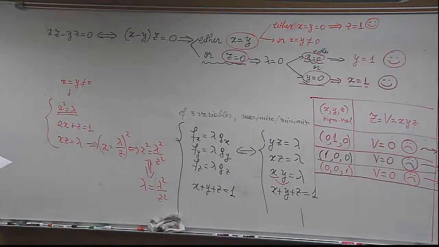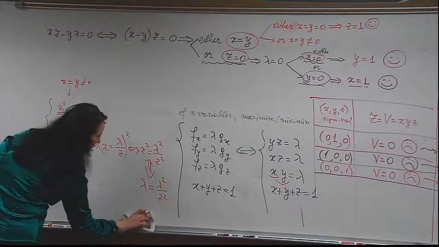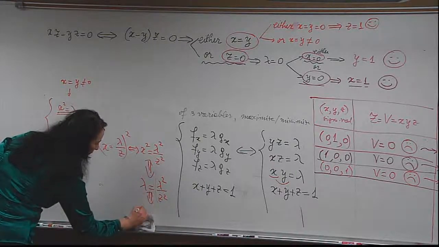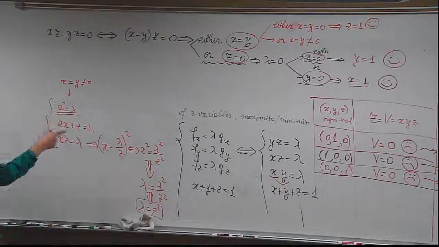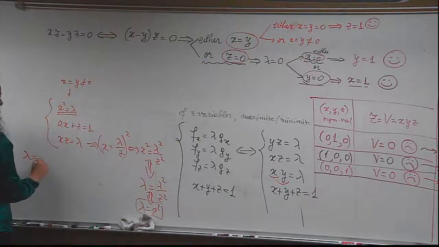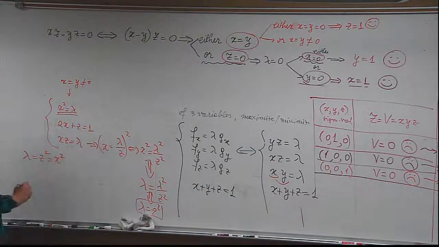So what did I get? Lambda is equal to z squared. So if and only if lambda equals z squared. But lambda was x squared as well. So lambda was z squared, and lambda was x squared.